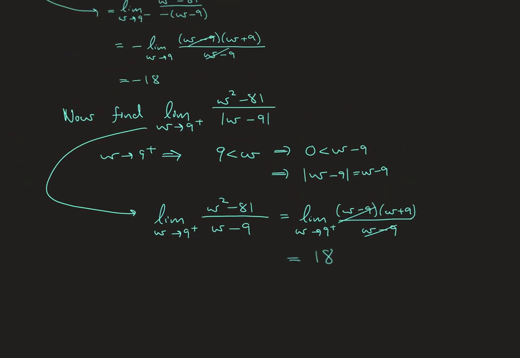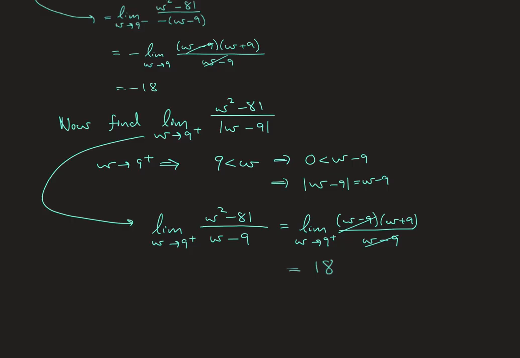What did we get the last time? Oh, shoot, negative 18. So what I can say is that this does not equal negative 18. Therefore, the left-hand limit and right-hand limit don't match.